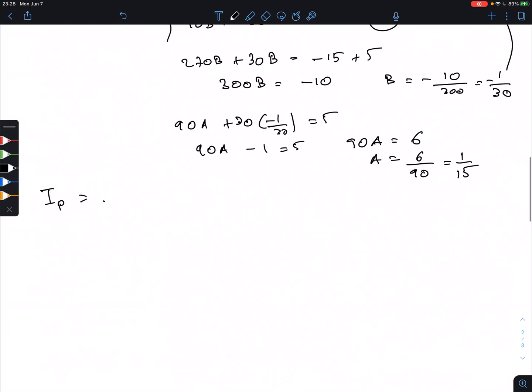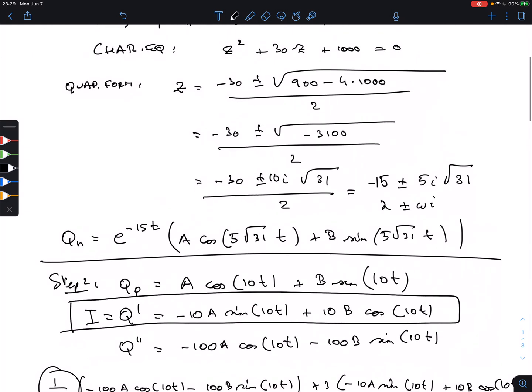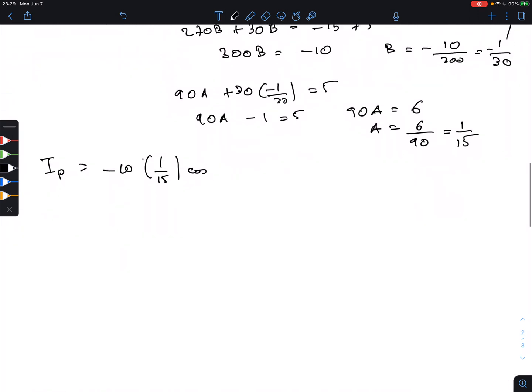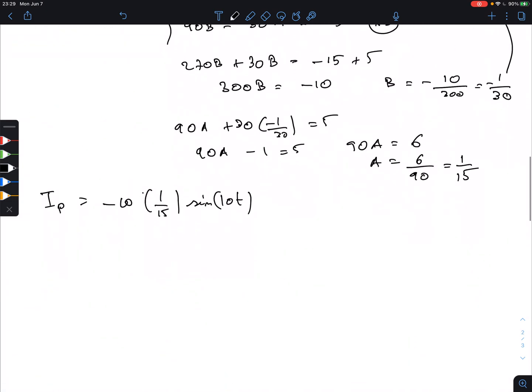So that would be minus 10 times A, which was 1/15, cosine, no, sine then, sorry, sine 10t, and then the other one would be 10 times b, that would be minus 10 over 30, b, that's b, right, cosine 10t.